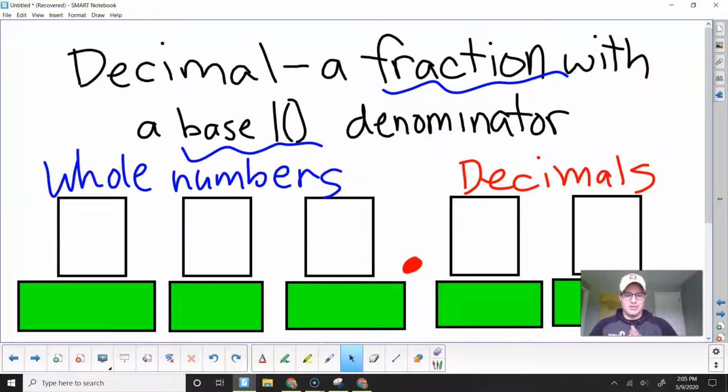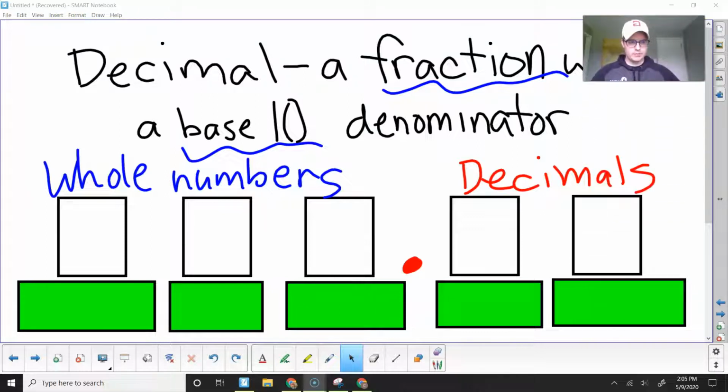Okay, so last week we did a whole week on decimals. That was your introduction to decimals. Now today we are going to pick up where we left off and do a pretty heavy review to refresh our minds and to really solidify what a decimal is. So let's start with the definition.